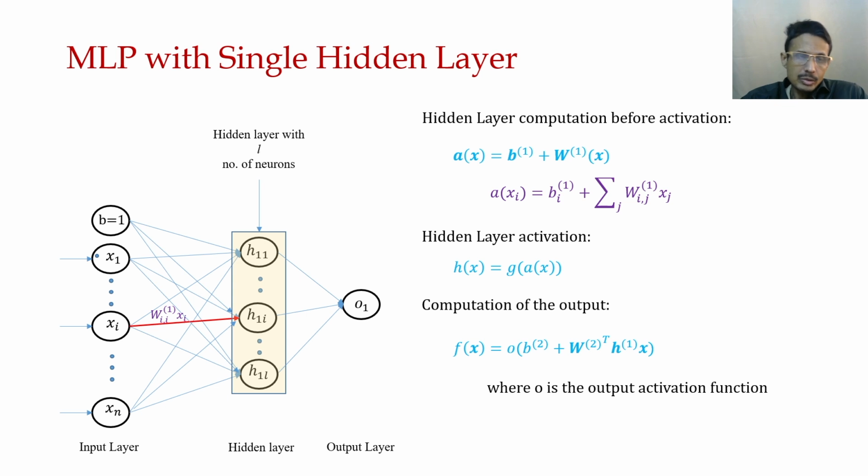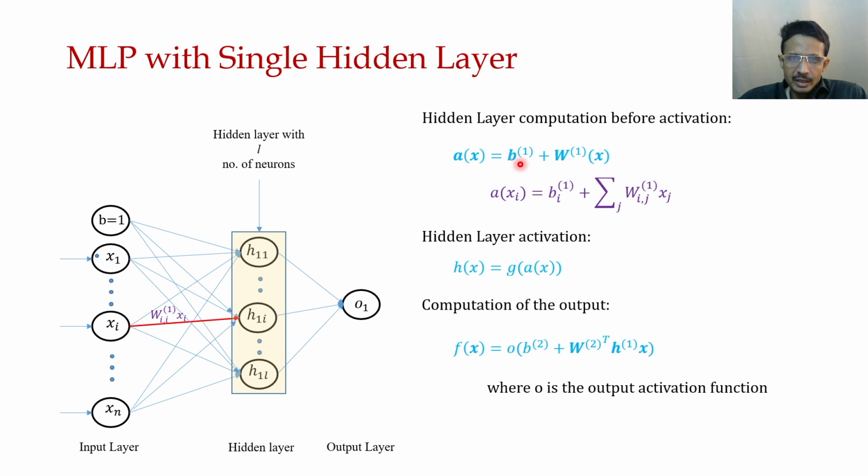Here we start with an MLP with a single hidden layer. In this structure, this is the input layer x1, x2 up to xn, and this is the bias term. When we compute the hidden layer values, first there is a summation.